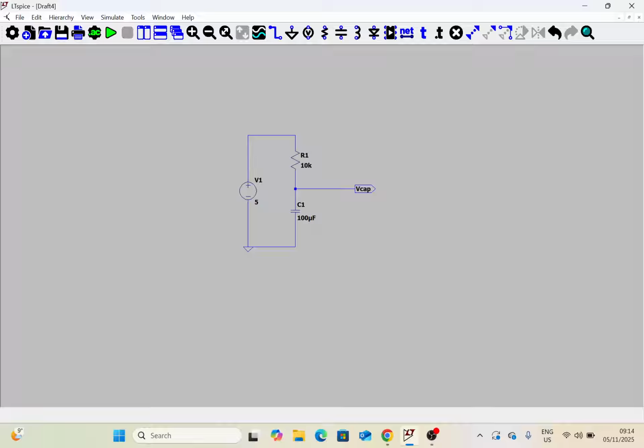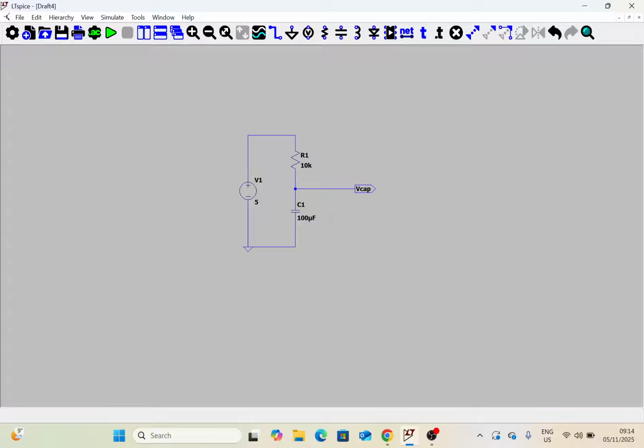So if my math is correct, 10k multiplied by 100 microfarad, 3 zeros will cancel out, and so we have 1000 microseconds, which is equal to 1 second.